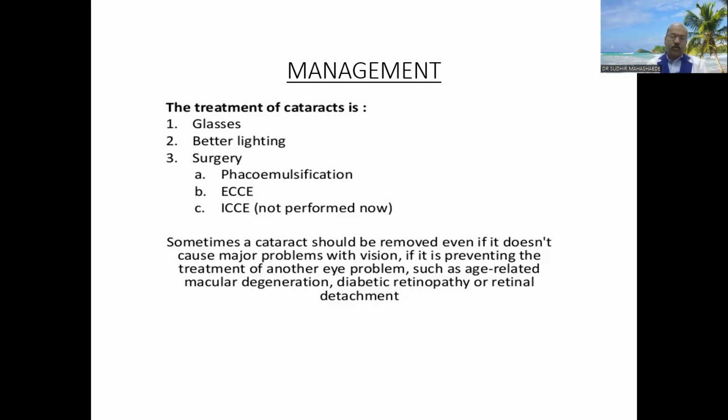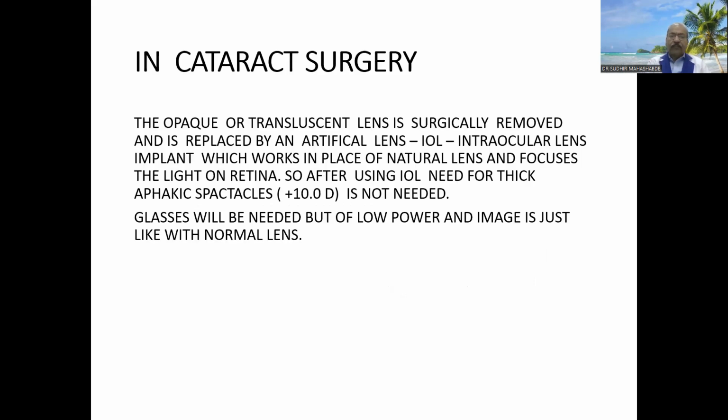The patient has a coexisting retinal problem as well as some cataract, and for observation and treatment of the retinal problem, the cataract is creating an obstacle. Then even if vision is not grossly reduced, you still have to operate. So these are the special indications. But otherwise, if the patient's vision is being affected, it should be operated.